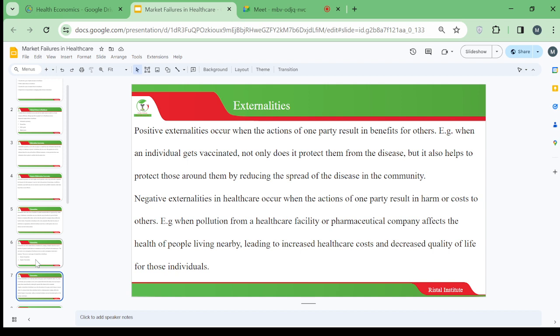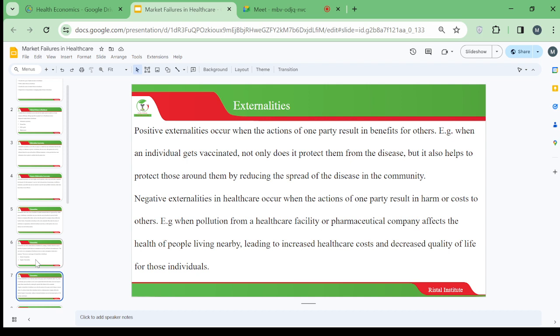A negative externality is one where you get harmed. It is either a harm or a cost to others as a result of actions of another party. Okay?